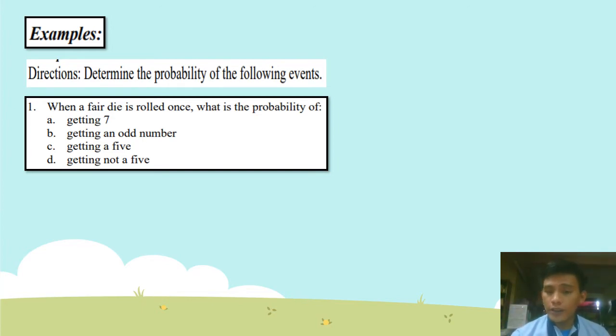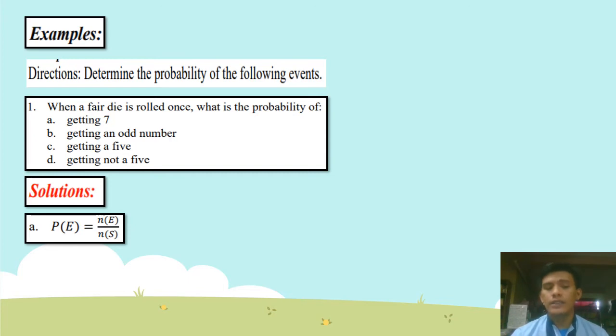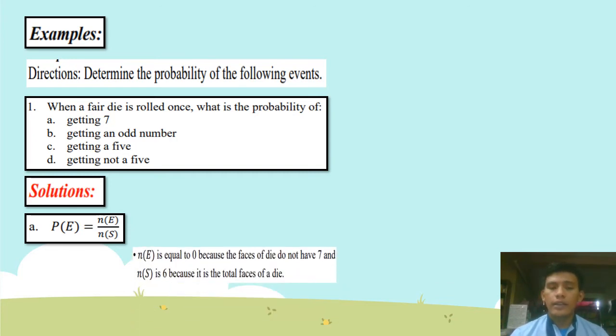Let's solve for letter A first. Solution. The formula for our probability of an event is the number of ways over the total number of possibilities. So N(E) is equal to 0 because the faces of a die do not have 7, right?